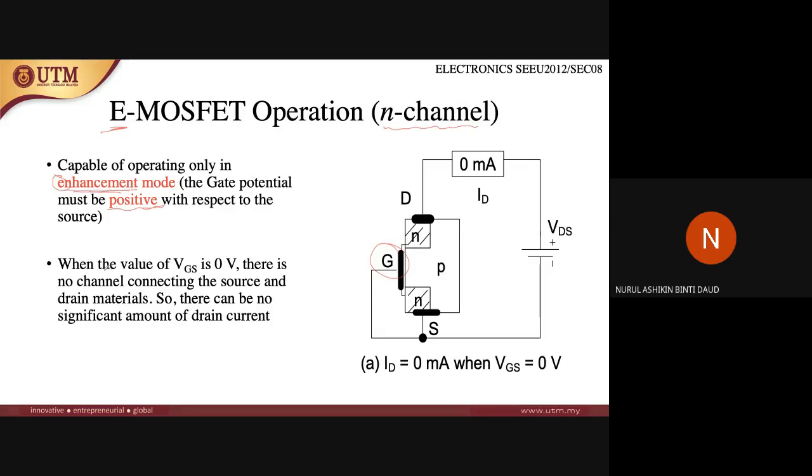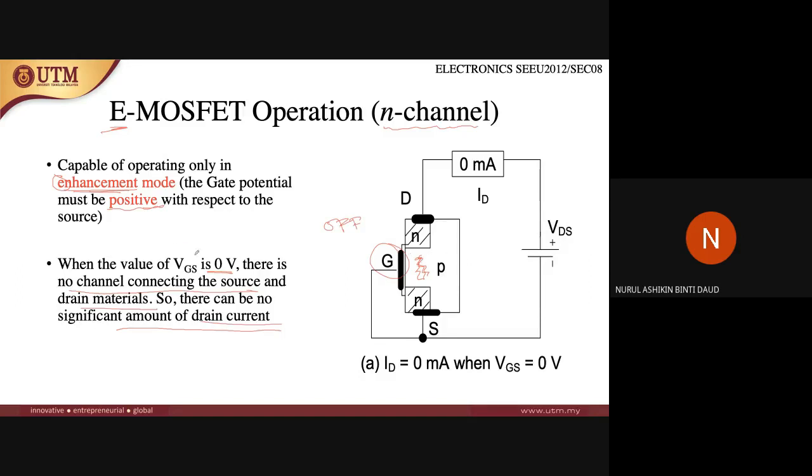All right. When the value of VGS is 0 volts, there is no channel connecting the source and drain materials. There is no channel available or created here, so drain and source are separated. There is no significant amount of drain current flowing inside this channel, which makes this MOSFET off.